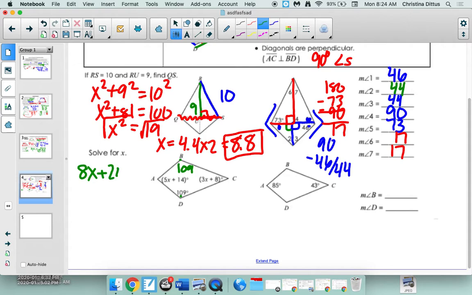And we know that that has to add up to be 360. So 120. Divided by 8. It is nice. 15.